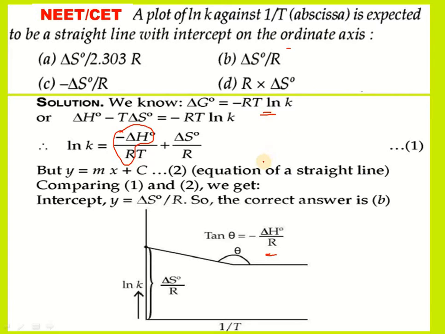What are the coordinates here? So delta S naught by R is there on the coordinate axis. That means delta S naught by R.